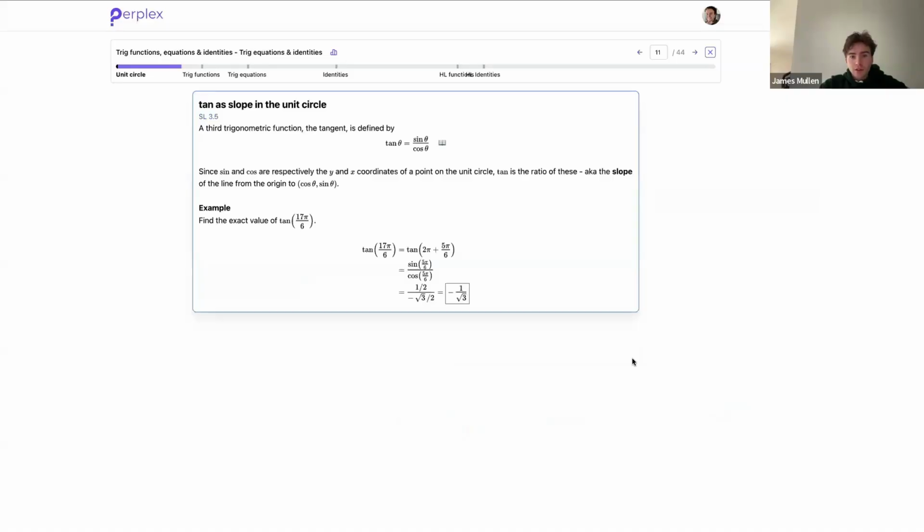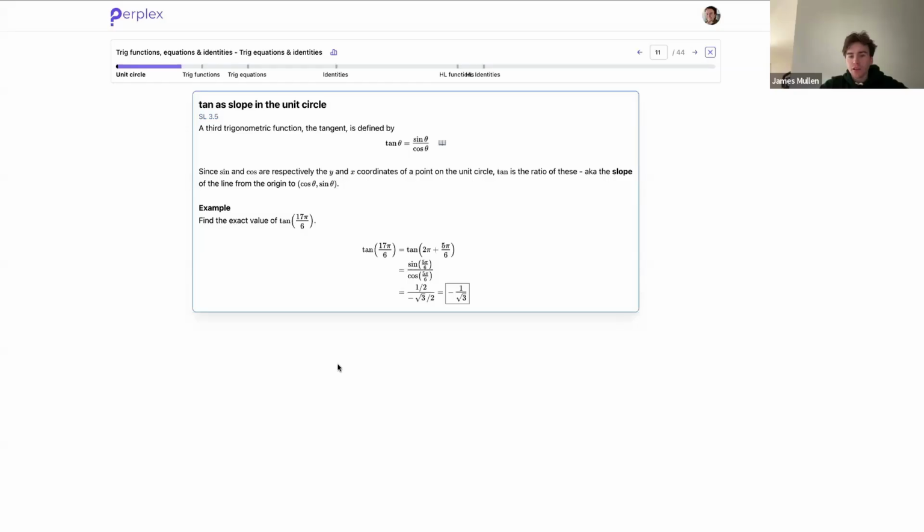The last thing about the unit circle that I want you to know is that you can think of the tan as the slope in the unit circle. So we introduced this new function tan, which is sine theta divided by cos theta. And sine and cos are, if you remember, the y and x coordinates of the point on the unit circle. And so if I do the y coordinate divided by the x coordinate, I get the slope of the line between the origin and the point cos theta sine theta.